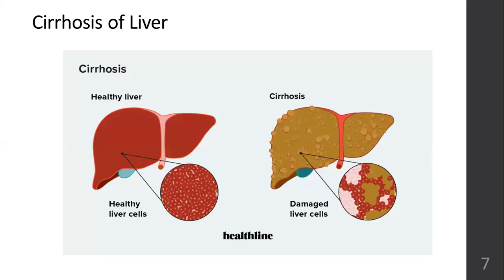Next is the cirrhosis of liver. So cirrhosis, as I mentioned earlier, is scarring, and whatever healthy hepatocytes remain within the liver try to regenerate, but they are not able to regenerate on a smooth surface, because there is a lot of scarring around.